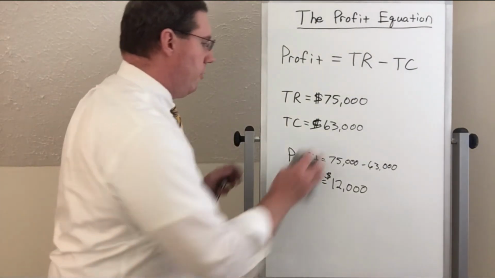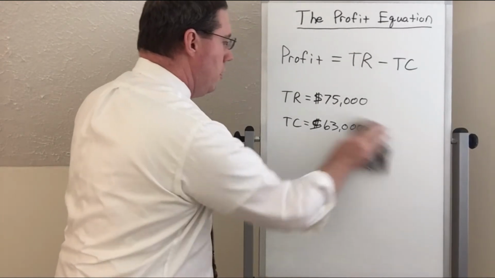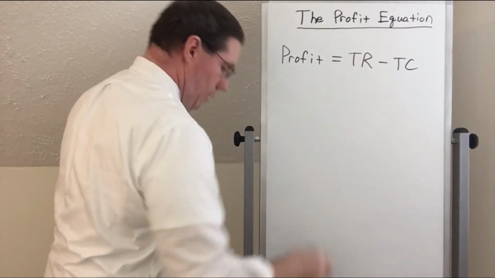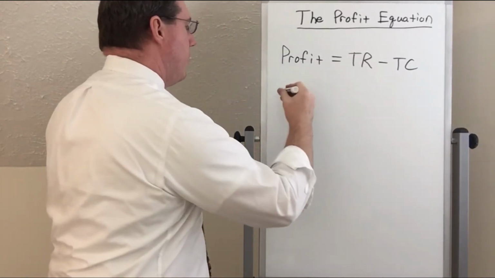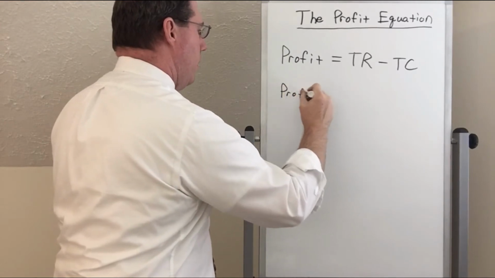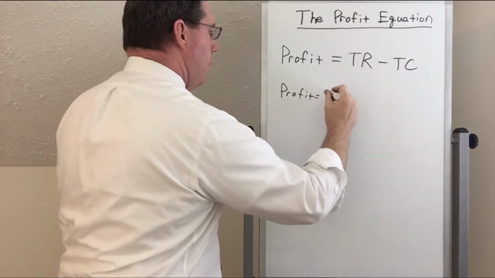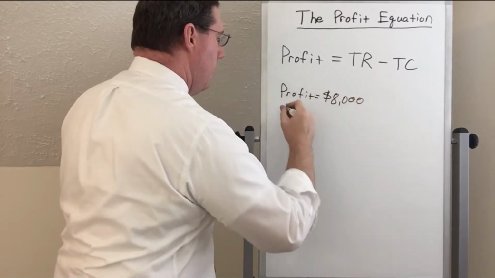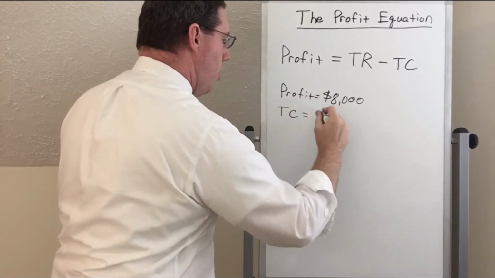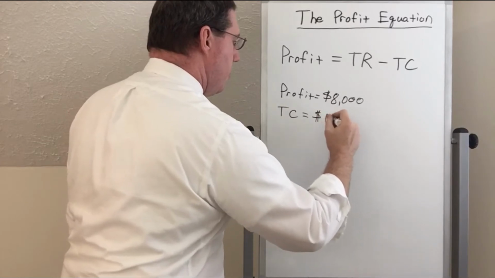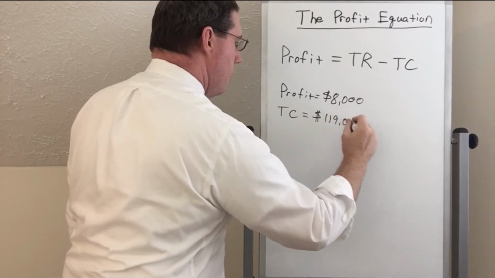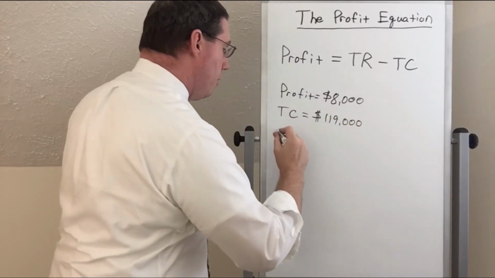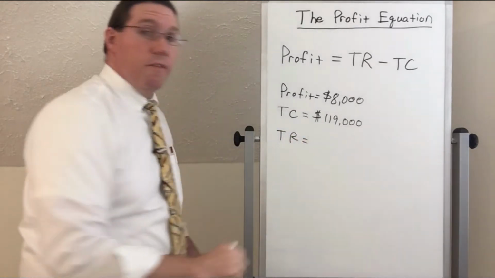What if I gave you the profit, if I told you that a company earned $8,000 in profit and they incurred total costs of $119,000. And now what I want to know is, well, what is the total revenue of the firm?